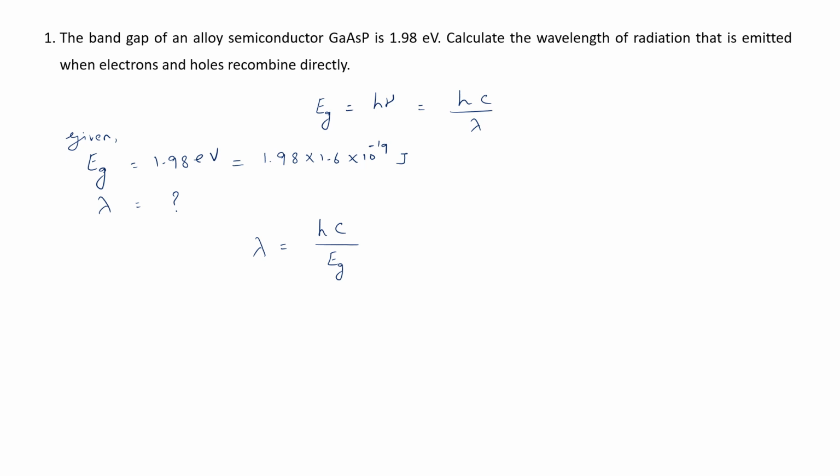Okay, so now rest of the values you know. So you substitute 6.6 into 10 power minus 34 into 3 into 10 power 8 whole divided by 1.98 into 1.6 into 10 power minus 19.